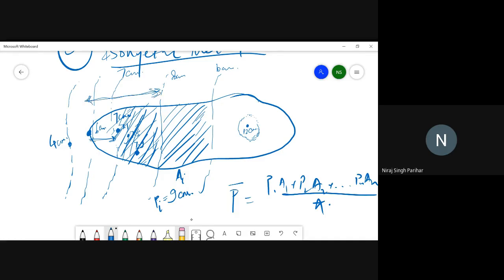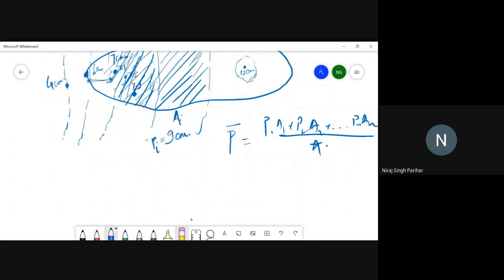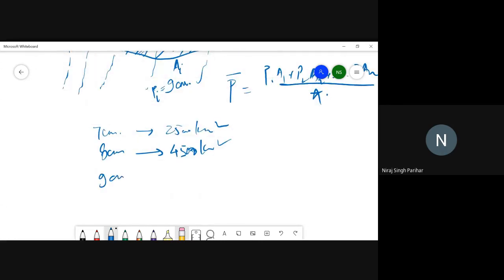तो कभी कभी आपको एग्जाम में ऐसा भी मिल सकता है कि accumulative area is given. ठीक है, like for 7 centimeter contour you are given with a 2500 kilometer square area. For next 8 centimeter contour you were given with a 4500 kilometer square area. For next 9 centimeter contour you will be given with maybe 6500 kilometer square area.